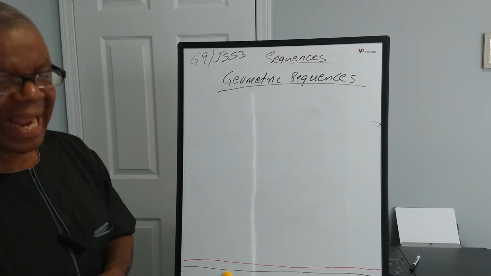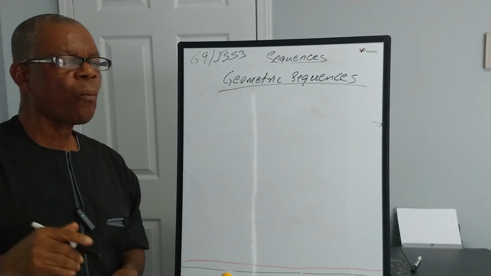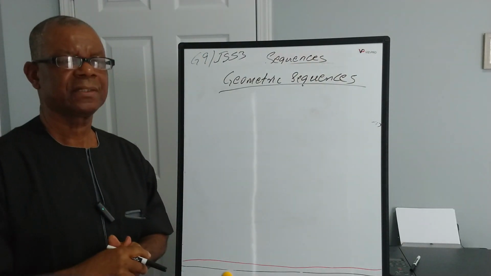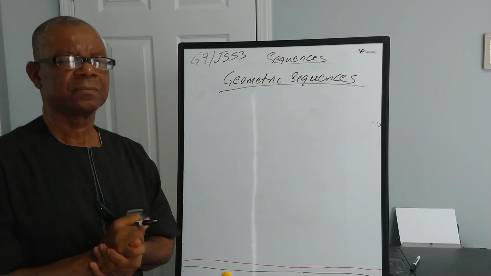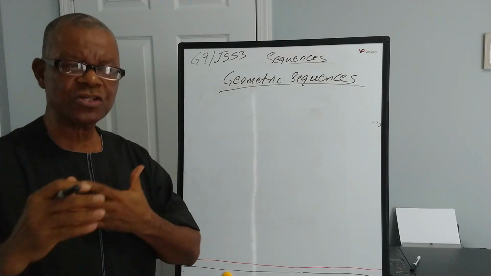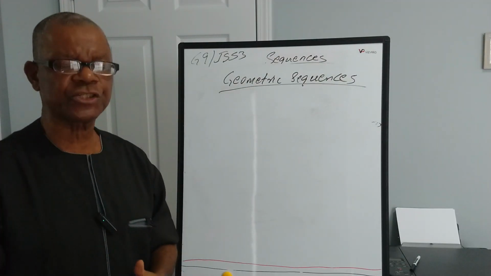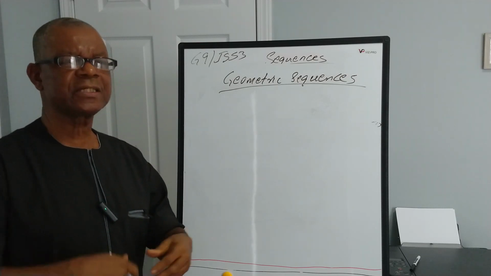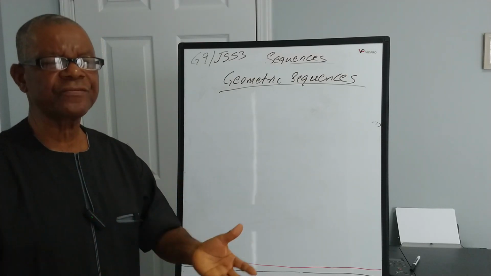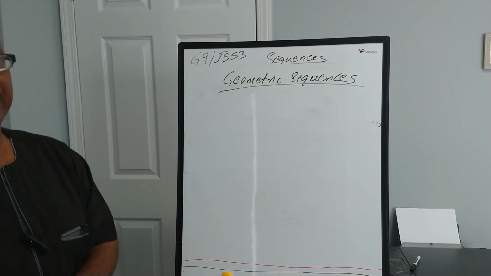So geometric sequences are sequences that increase in an equal ratio. It's not equal step. An arithmetic sequence is equal step, while geometric is equal ratio. If it is times 2 or times 5 or whatever, equal ratio. That is the difference here.